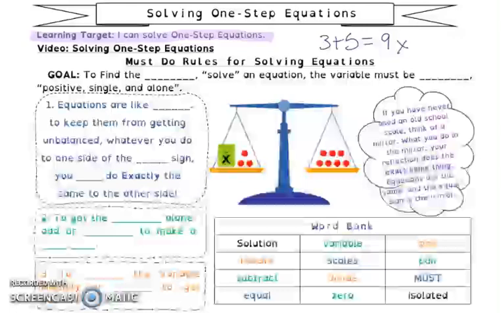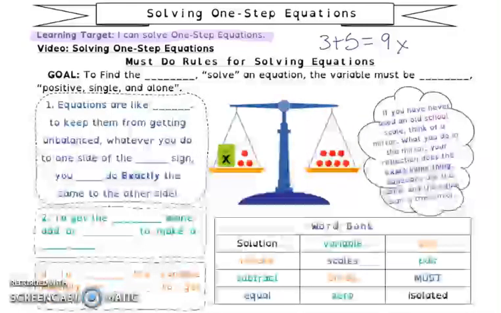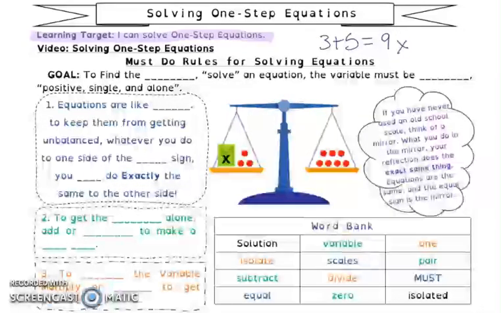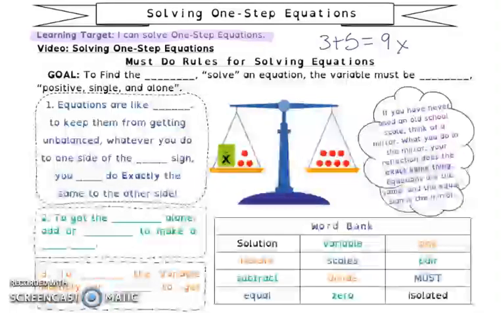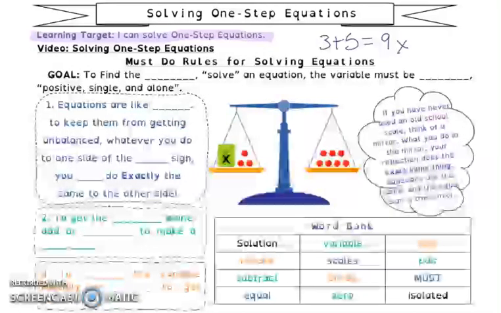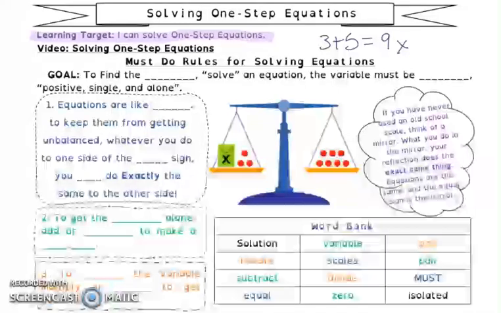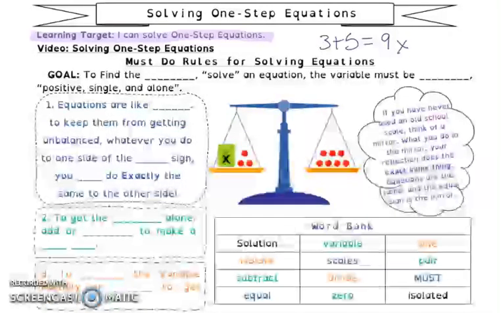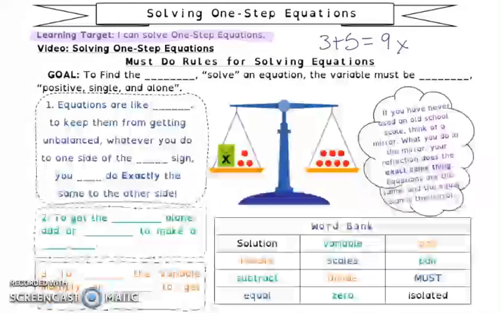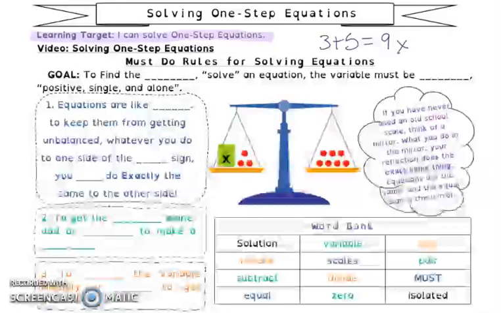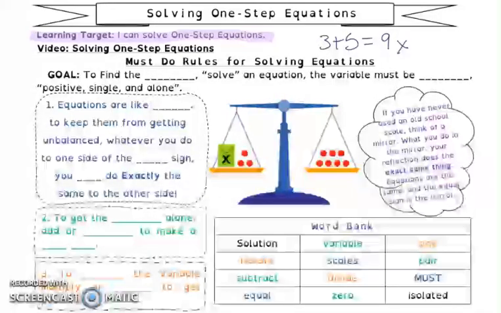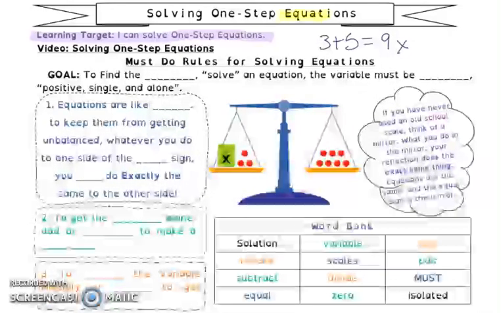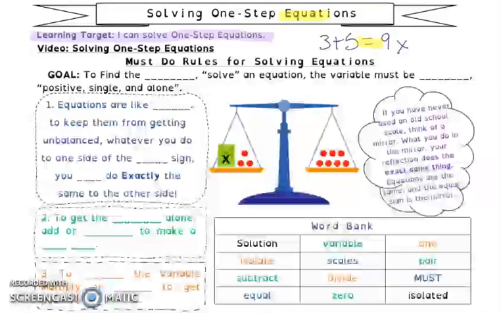Okay, so we're going to have an equal sign in our sentences now. So we're putting that equal sign in there, and that is where our expression changes to an equation. So the expression has no equal sign, and an equation has that equal sign. So equation, equal sign. All right.